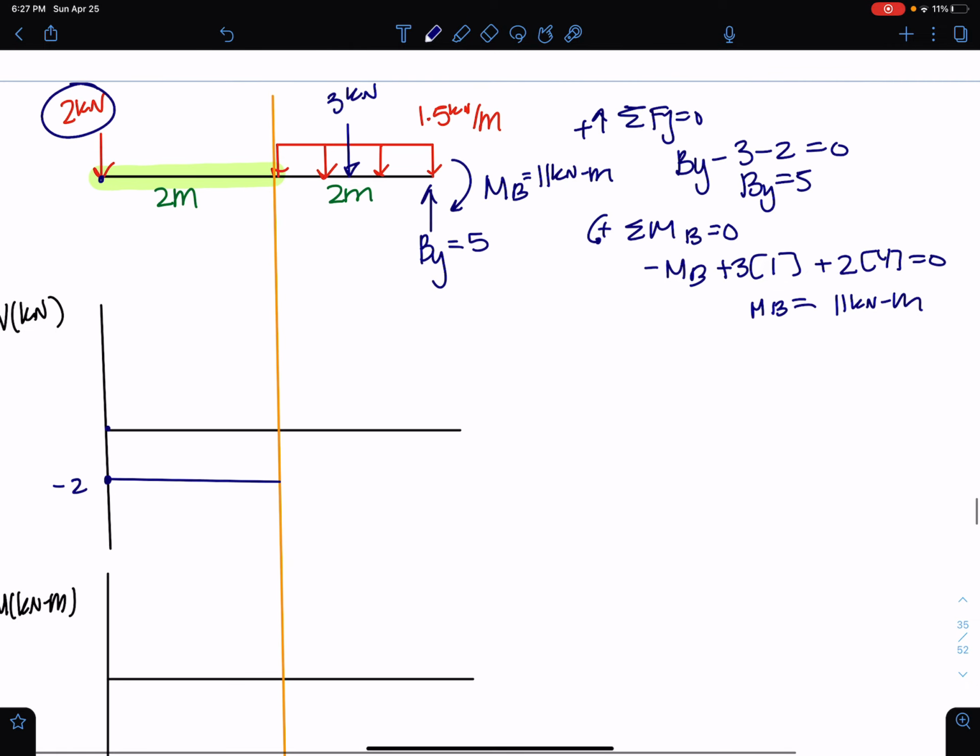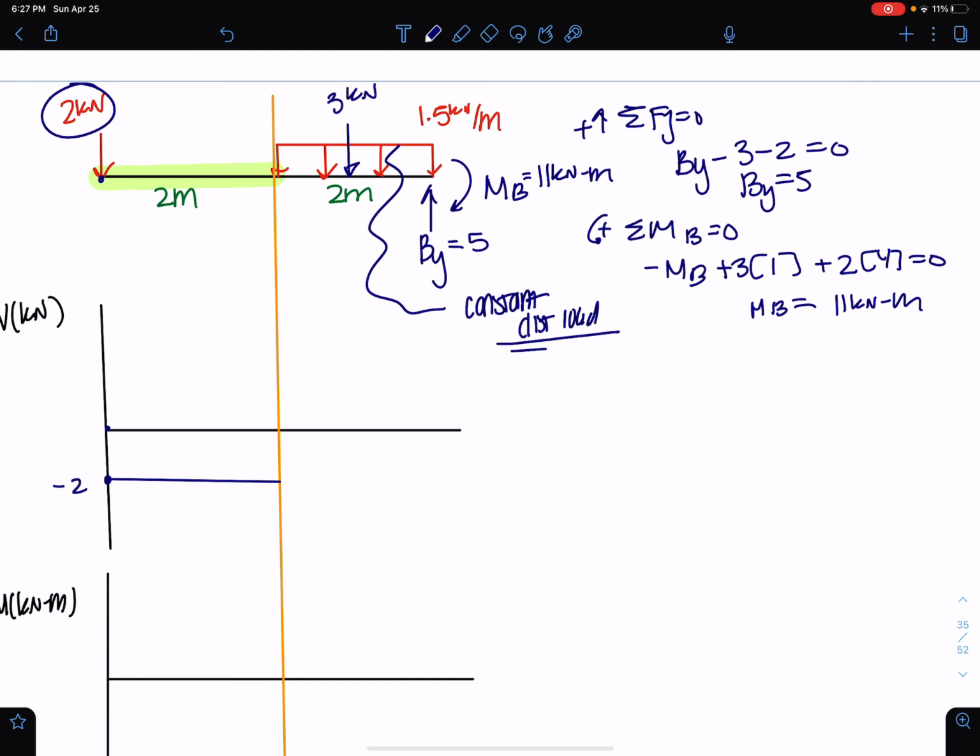When I get to the orange line, what happens is this is a constant distributed load. Right? So what is the integral of a constant? It should be a line.